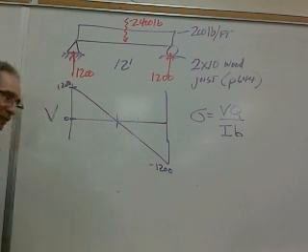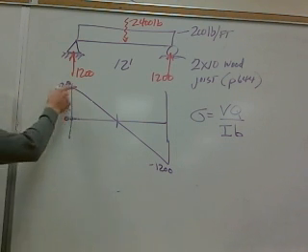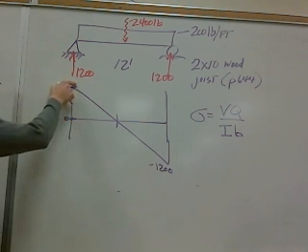Where does it cross zero? How far out does it cross zero? 6 feet. How did you know 6 feet? It's 12 foot long, so you said that it just crosses in the middle. That's right in this case. You want to know mathematically how you do that? It's the straight line formula, y is equal to mx plus b. But for our case, you just say we're starting up here at 1,200.